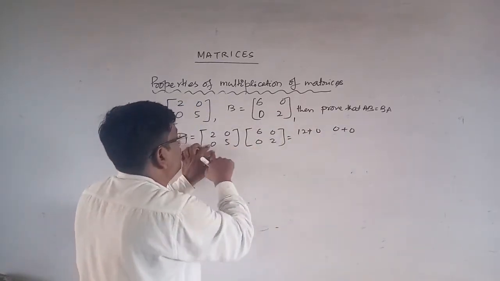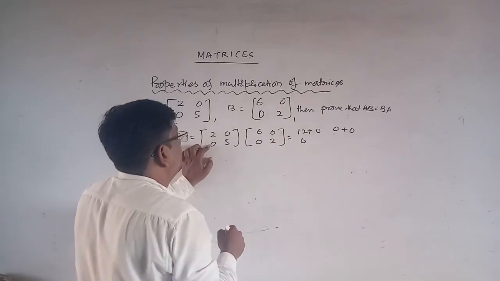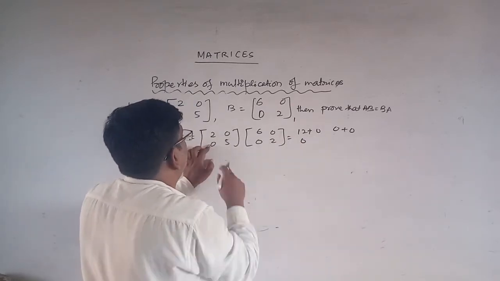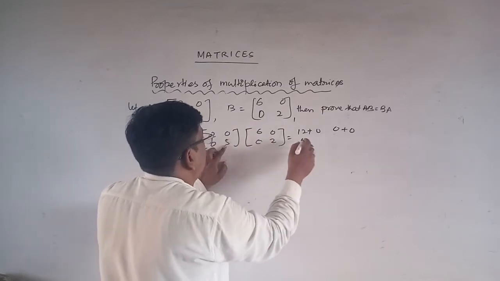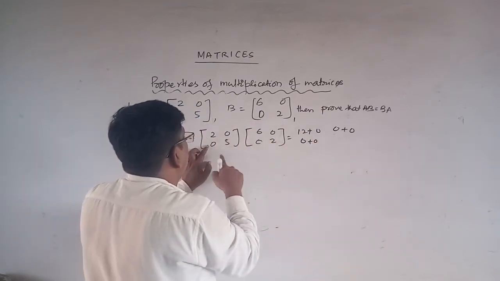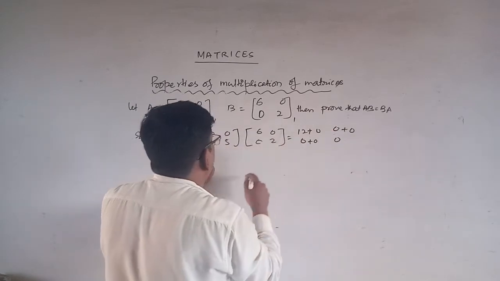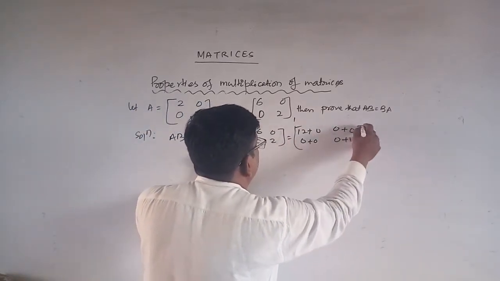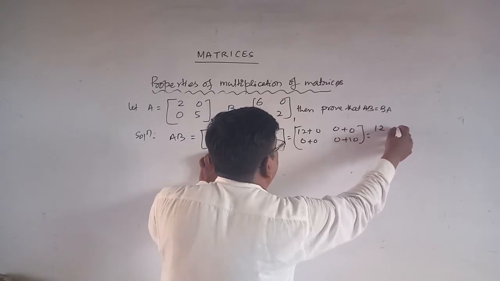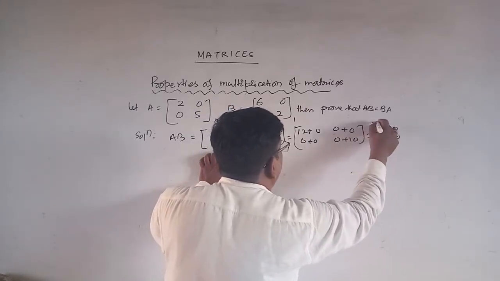Now second row, 0 into 0, 0, 0 into 6, 0, 5 into 0, 0. So 0 into 0, 0 plus 5 into 2, 10. This is equal to [12, 0; 0, 10].